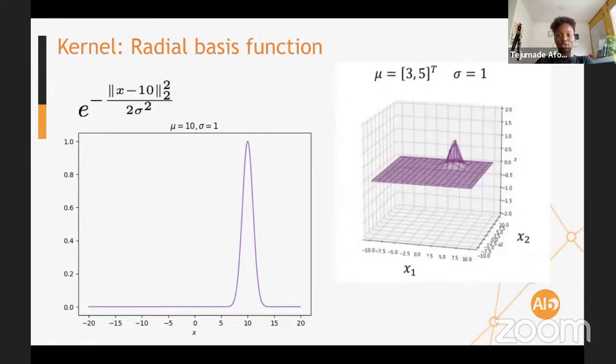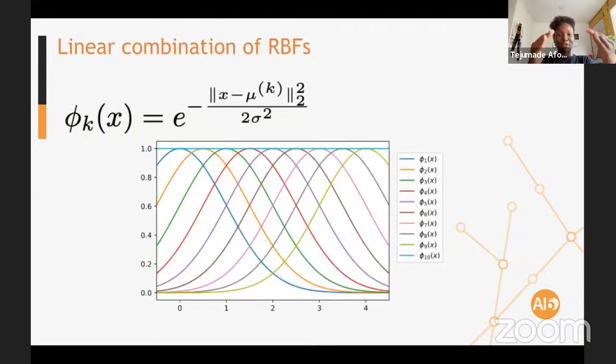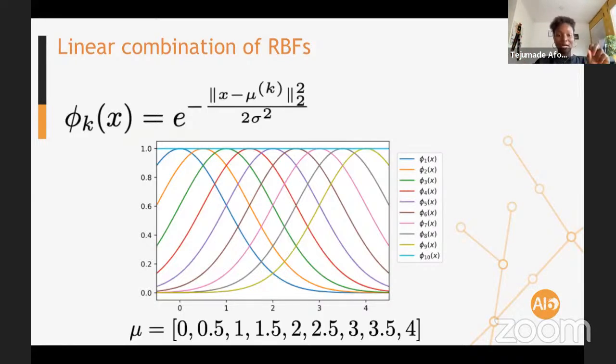In multi-dimension, in 3 dimensions rather, it would look something like this. So what we would do is fit many of these Gaussians. Here we have 10 different Gaussians, and you just choose different centers and fit it multiple times. By doing so, you're able to learn some sort of curve on your data.